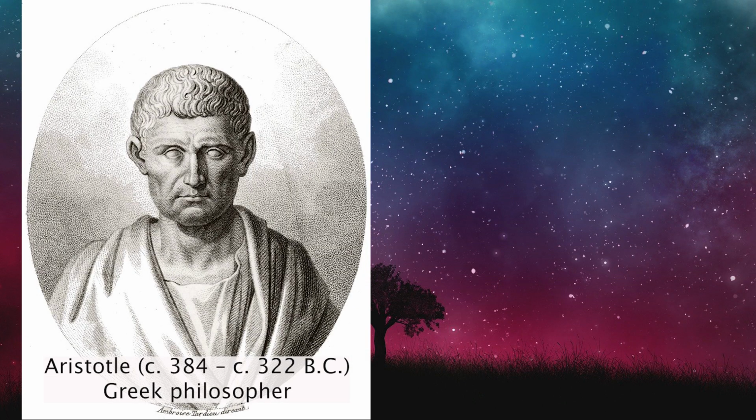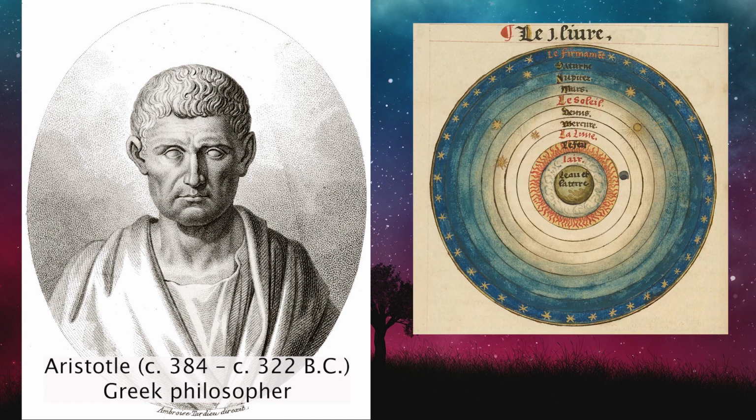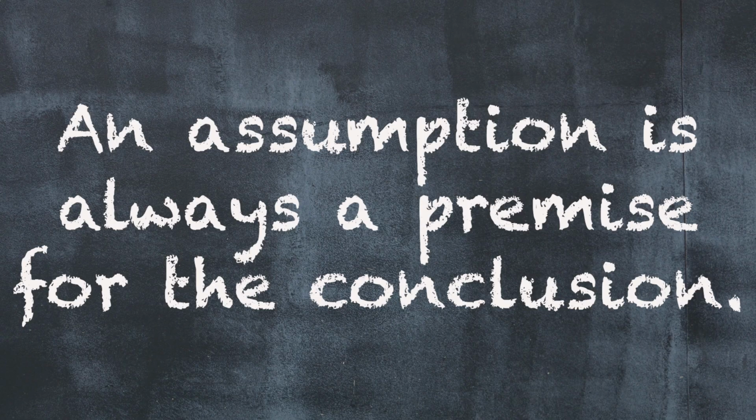But we know that the universe is immense. Aristotle had based his thesis of geocentrism, that is, of an immobile earth around which everything revolved, all the heavens, on the assumption that the universe was sufficiently small. An assumption is always a premise of the conclusion.